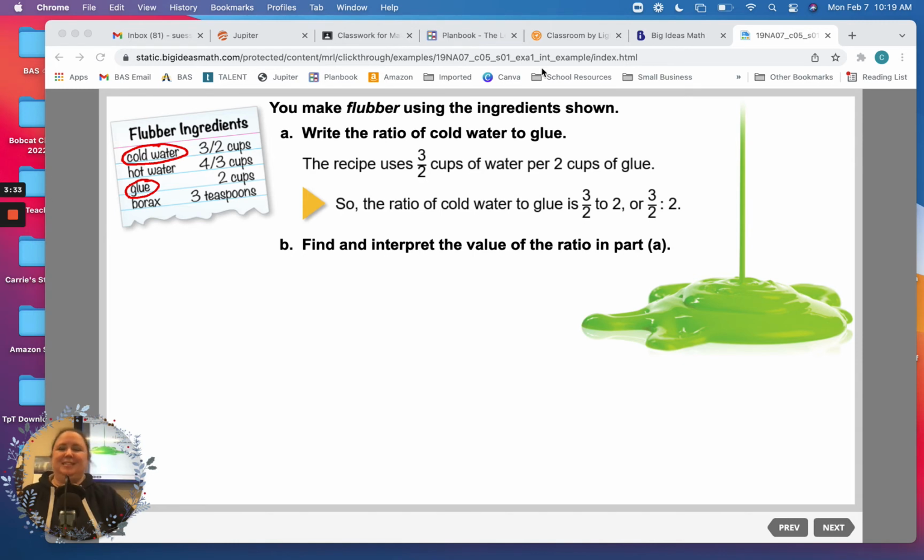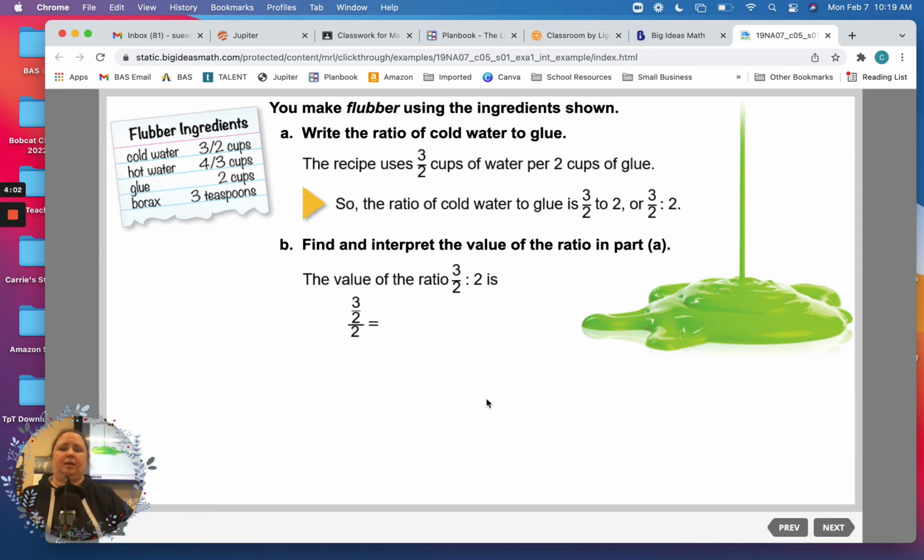So now it says find and interpret the value of the ratio. All that is telling you is to simplify. 3 halves to 2. We need to write this as a fraction. So 3 halves goes on top, 2 on the bottom. This is 3 halves divided by 2, right? So how do I simplify this? Right, but what do you do when you're dividing a fraction?